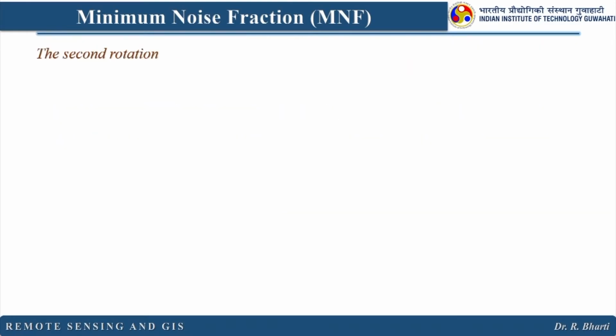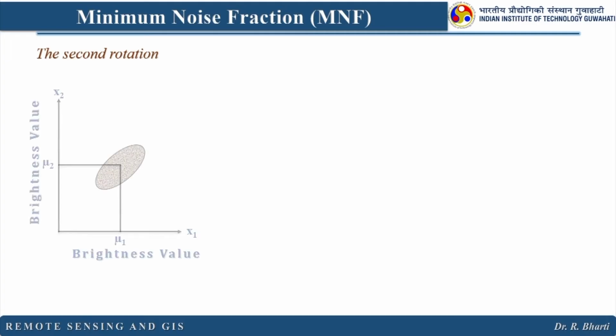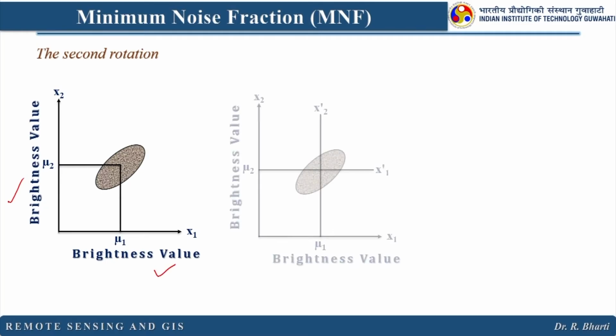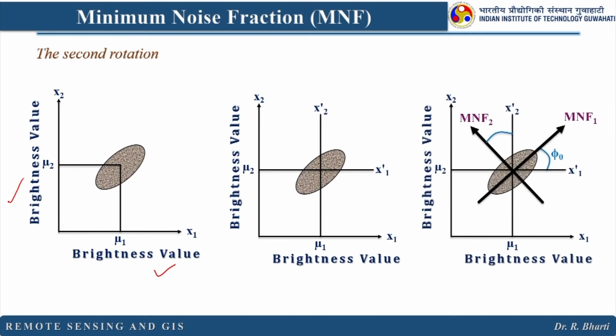So the second rotation is as good as your PCA. So here you have two bands, band 1 and band 2, where you have high correlation, then you rotate with some angle, and then your data will be uncorrelated. So there will be no band to band correlation between the data sets after MNF processing.